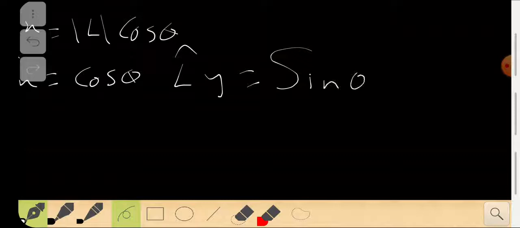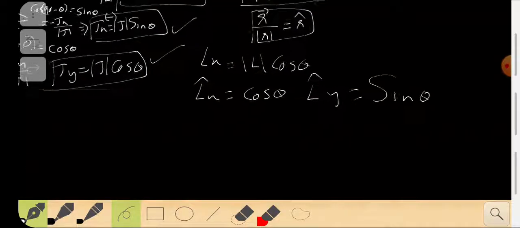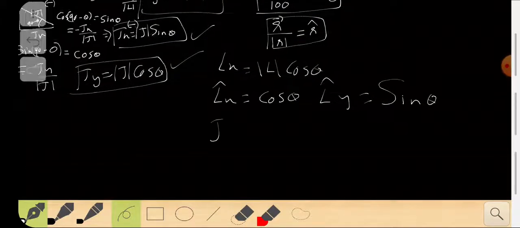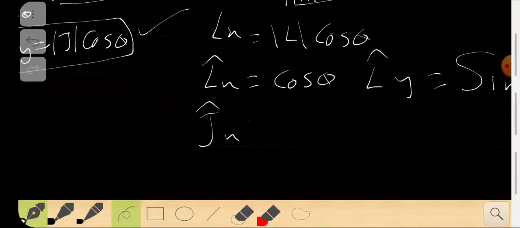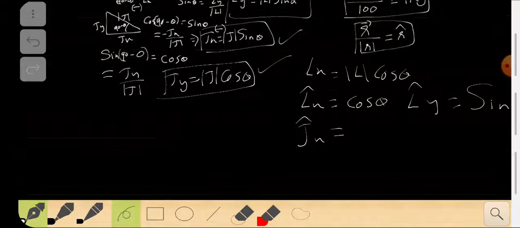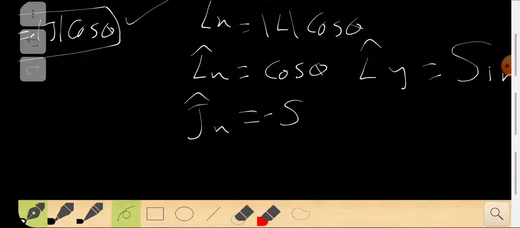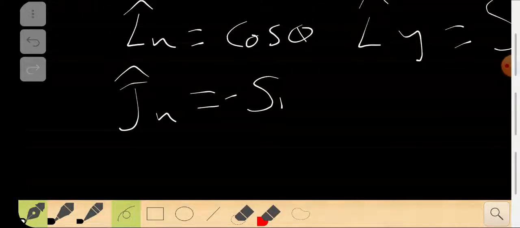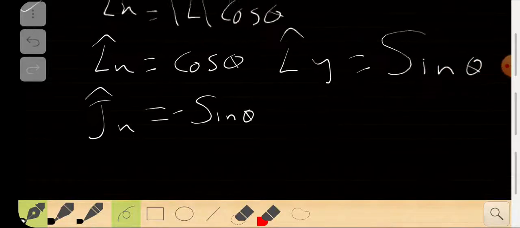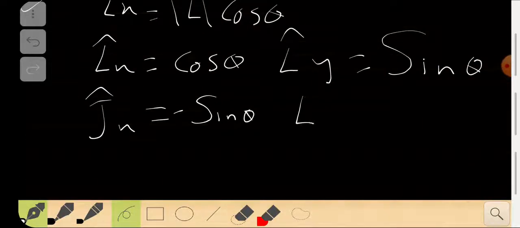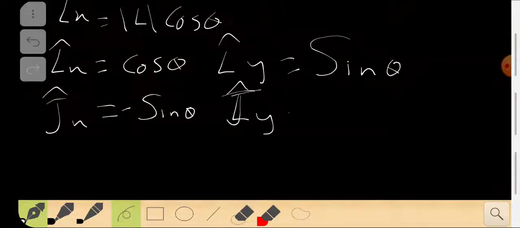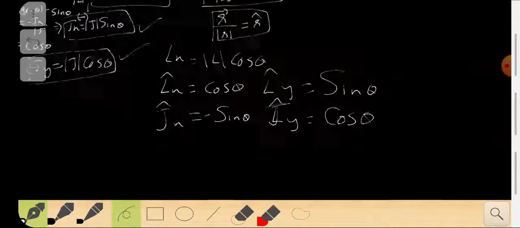Sin theta, and you get jx cap is equal to, what was that, okay, minus sin theta, right? Minus sin theta, and jy cap, the unit vector, will be cos theta, right? Cos theta, okay.